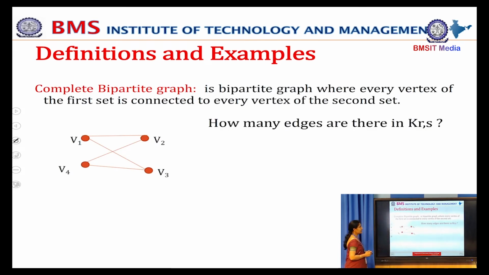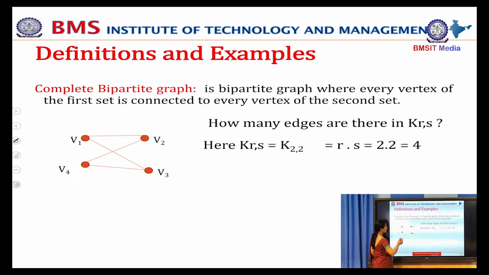So how many edges are there in K_{R,S}? What is this K_{R,S}? K is used to refer to the complete graph, and R, S: R belongs to the first set and S belongs to the second set.